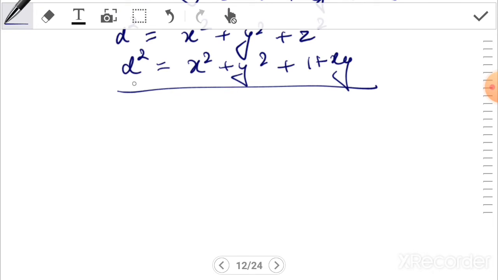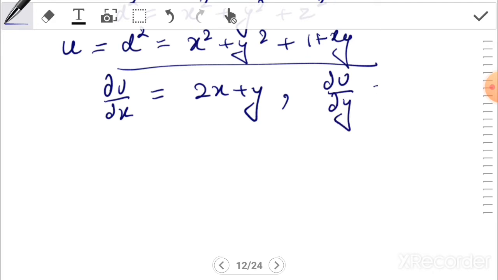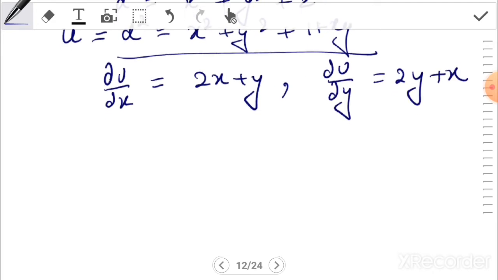So we can take this as a function u and then find the minima of this function. Del u by del x is equal to 2x plus y and del u by del y is equal to 2y plus x, right?